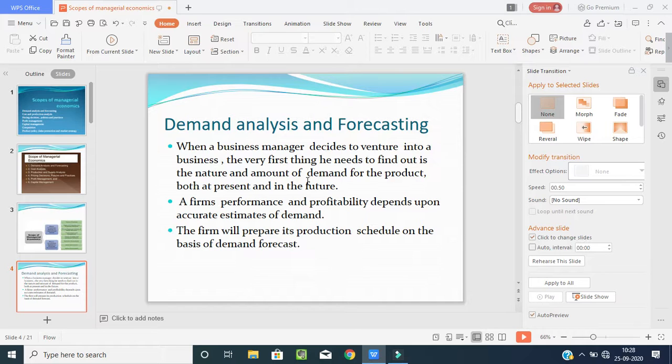Depending on that, they are utilizing it. Now, the firm will prepare its production schedule on the basis of the demand forecast. How the demand should be forecasted is important. Every firm, every organization will prepare its production schedule. That means they will plan the functions of management: planning, organizing, implementing, directing, staffing, coordinating.